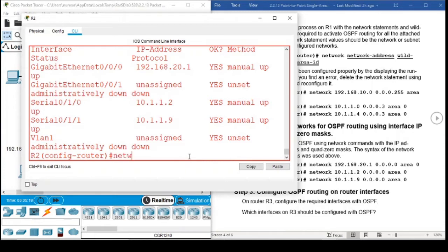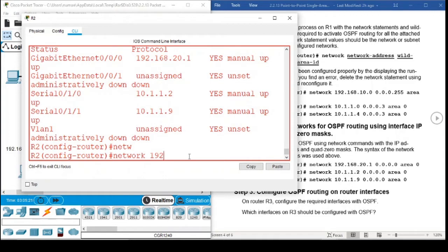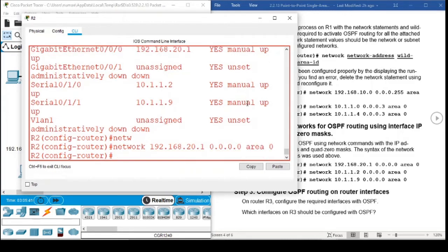First you type the network command and the network address 192.168.20.1, that is the interface IP address as you see here. Then instead of calculating the wildcard mask for this class C, I directly put quad 0, all octets are 0, and the same area 0.